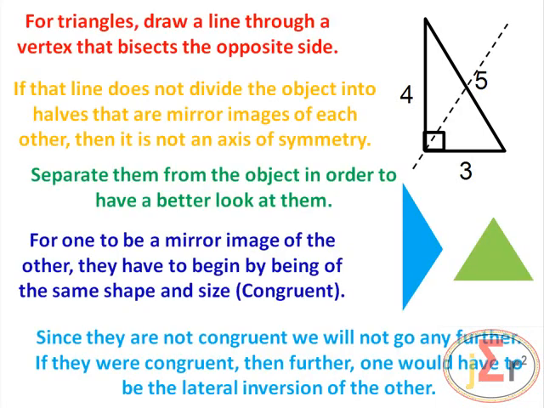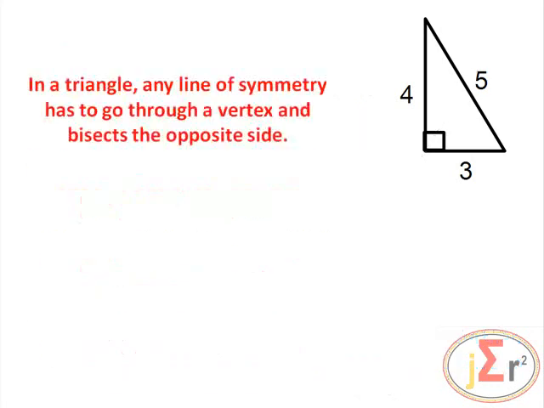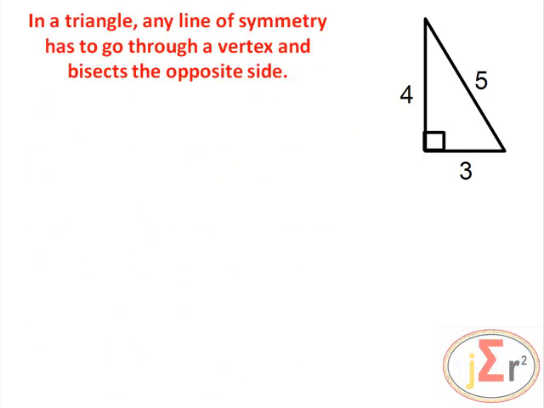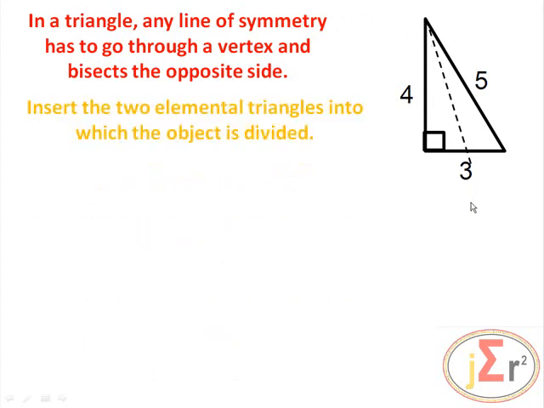And lateral inversion was discussed earlier on. In a triangle, any line of symmetry has to go through a vertex and bisect the opposite side. There we have another line going through the vertex here and bisecting that side.